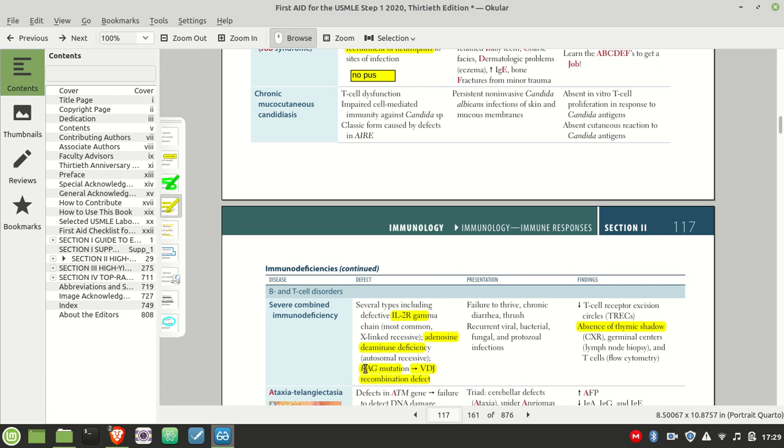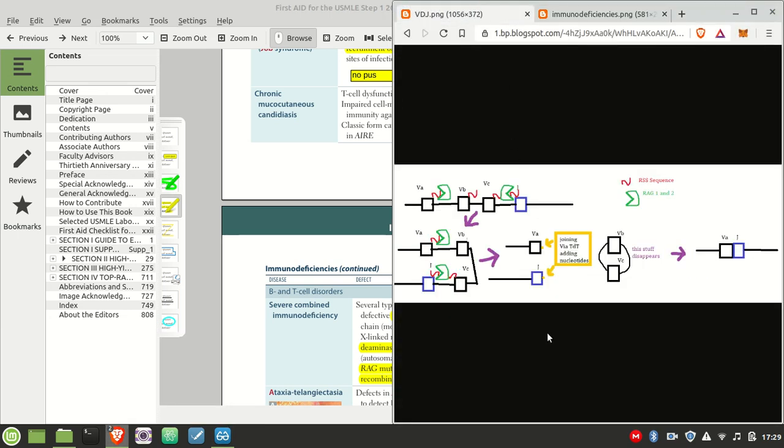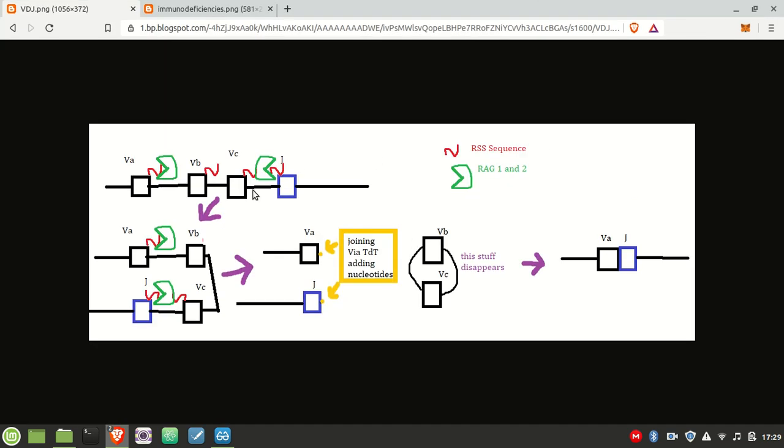So let's talk again about these RAG mutation defects and how it affects recombination. Well, let's look at this right here. You could remember how you have your RSS sequences. And right here we're looking at VJ, not VDJ recombination. There's no D segment here. And this is, of course, a coding strand, and this is the variable A region, variable B region.